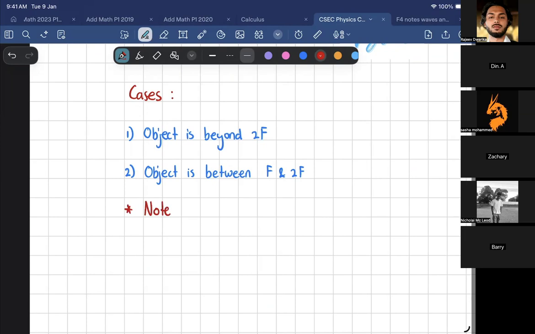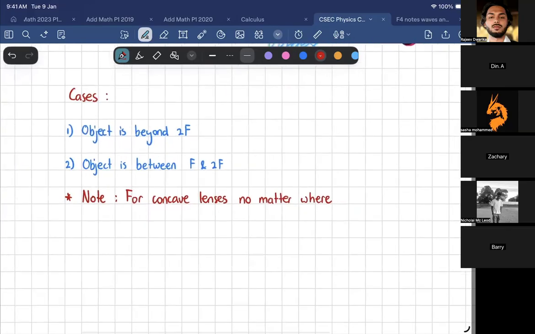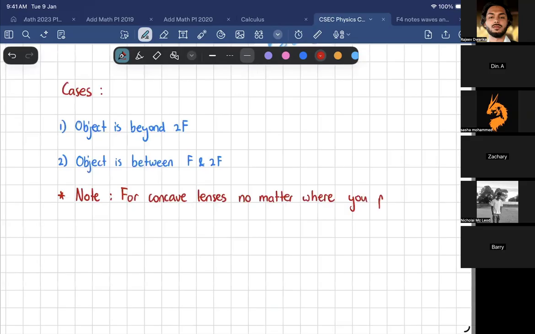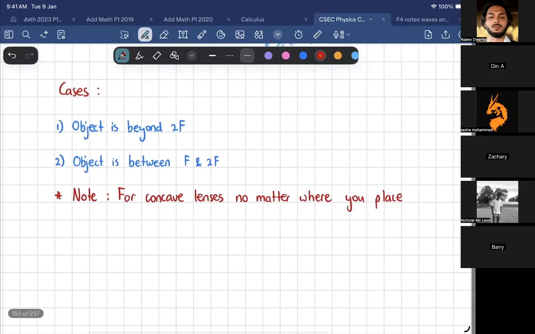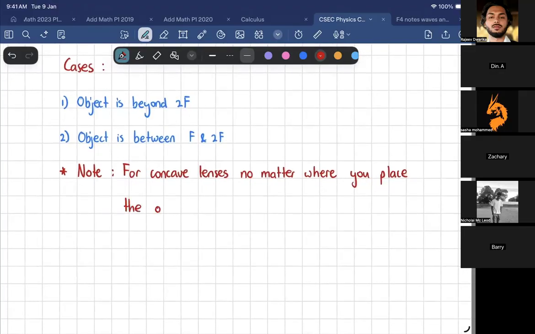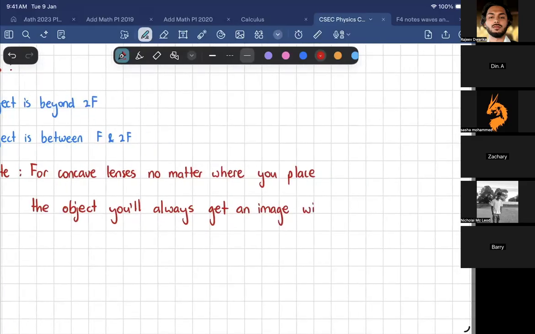Note: for concave lenses, no matter where you place the object, you'll always get an image with the following properties.